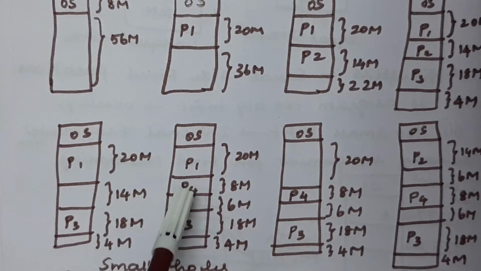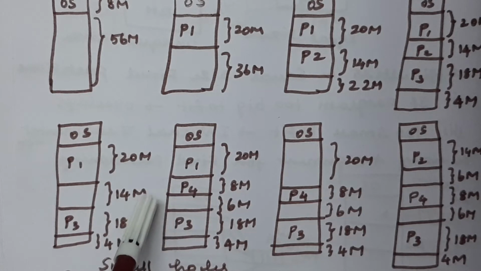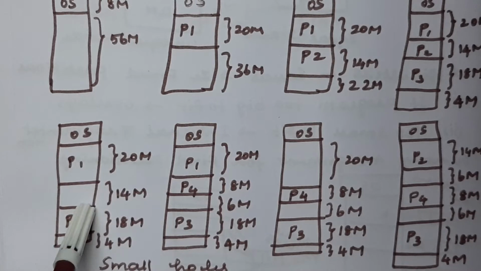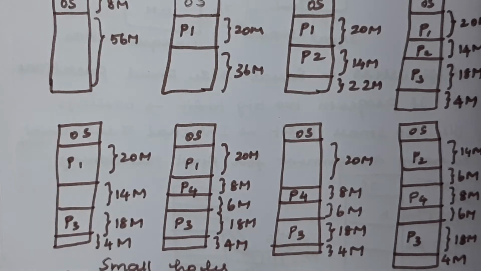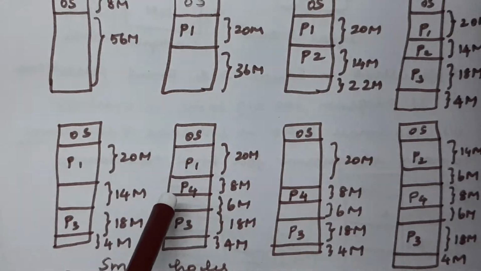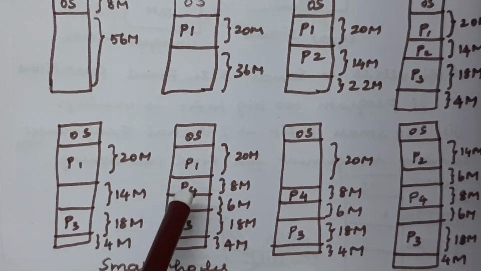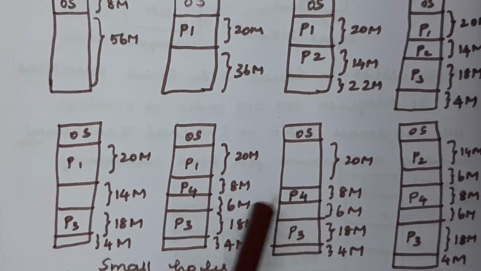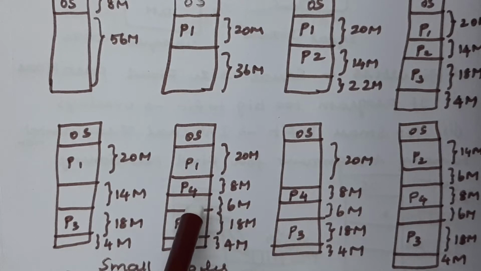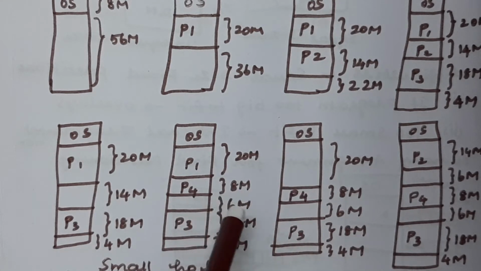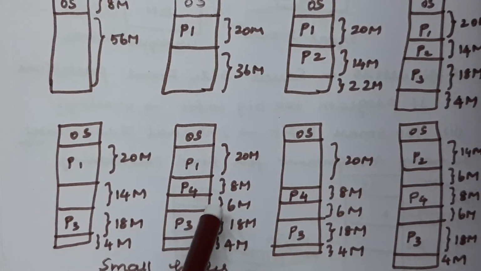Now P4 does not fill that partition, because its size is lesser than the partition. So even after allotting the space for P4, some space is left free in that same partition. We cannot allot it to any other process, because only if the process size is equal to or lesser than this partition size can it be held.